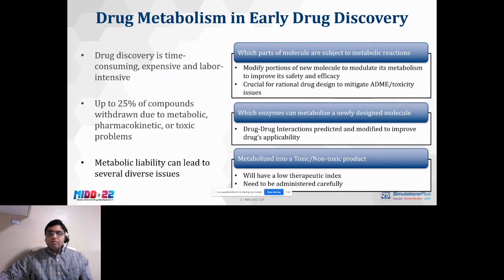This metabolic liability can lead to various complicated issues, such as drug-drug interaction or safety hazards of the metabolites. So having knowledge of metabolism and of the metabolic products of small molecules during early drug discovery can be very useful.